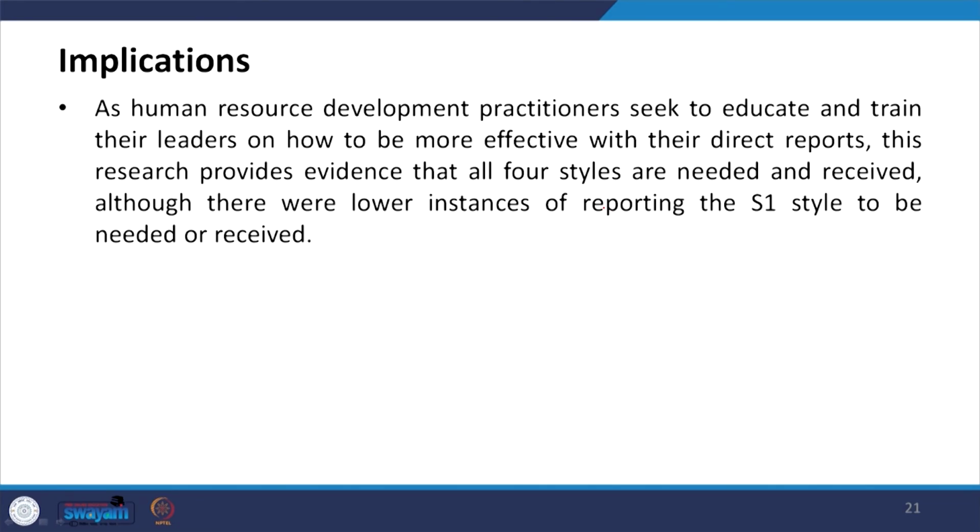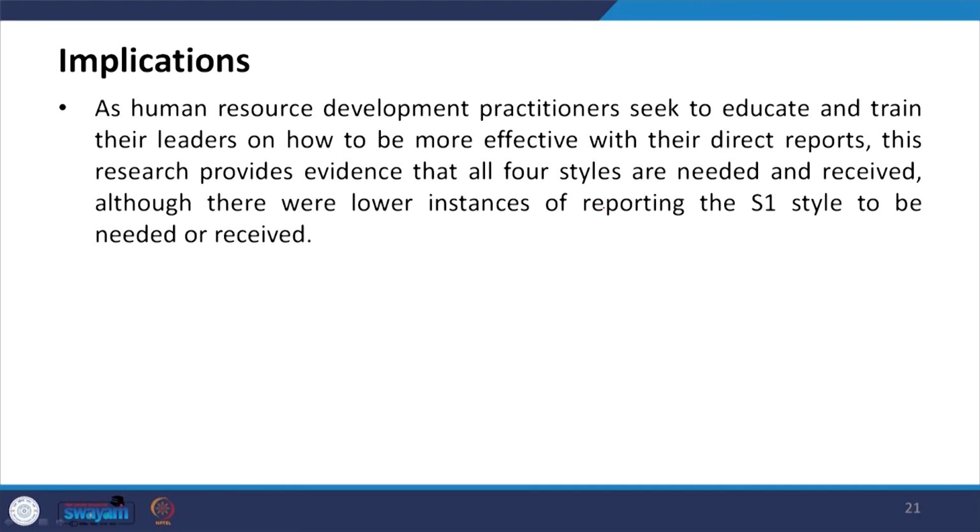As human resource development practitioners seek to educate and train their leaders on how to be more effective with their direct reports, this research provides evidence that all four styles are needed and received, although there were lower instances of the S1 telling style being needed or received.